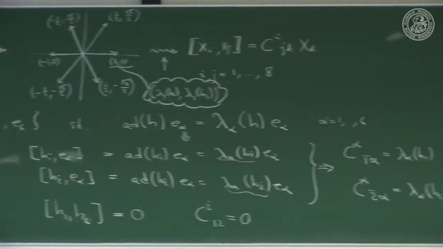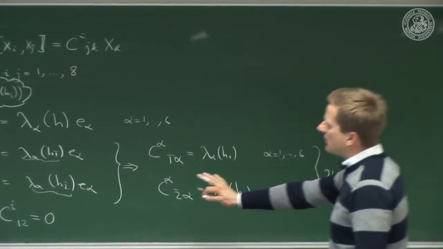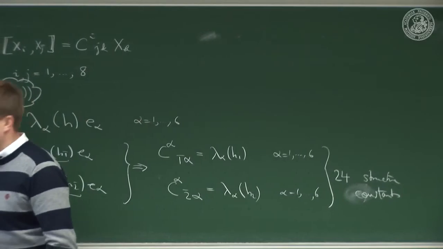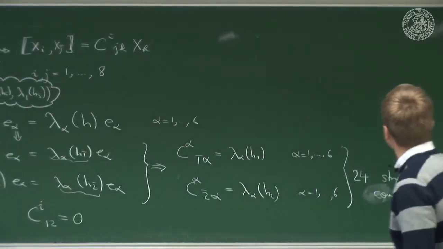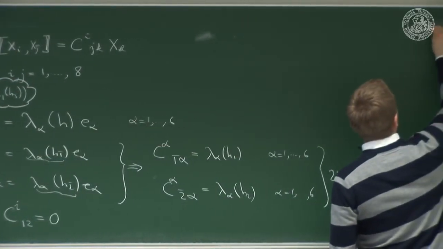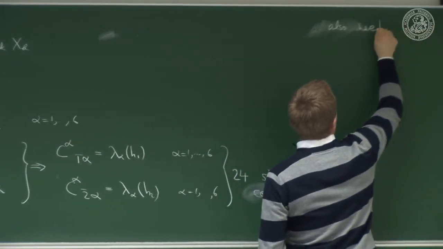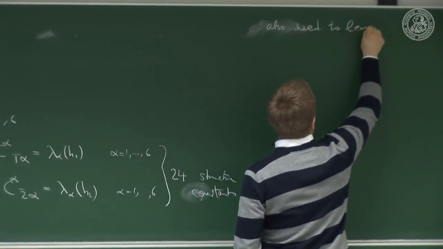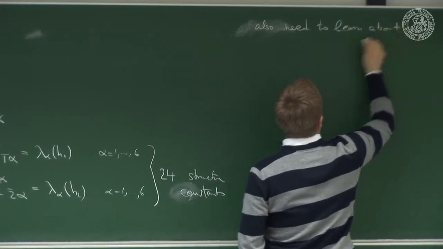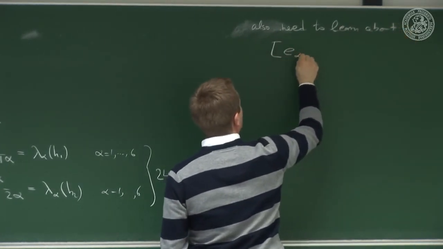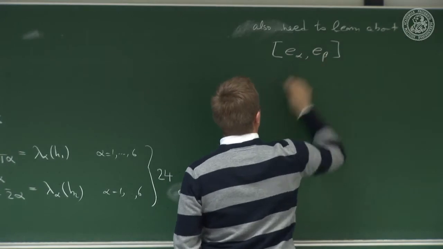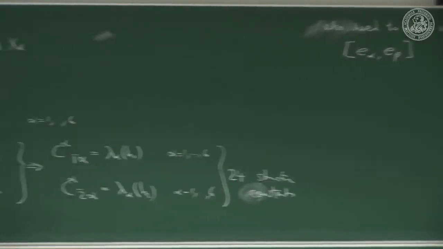Okay, fine. So we learn these two, but this is all commutators that contain at least one element of the Cartan subalgebra. But we also need to learn about expressions like this. How do the E's amongst each other work? So we know how the E's work with the H's.